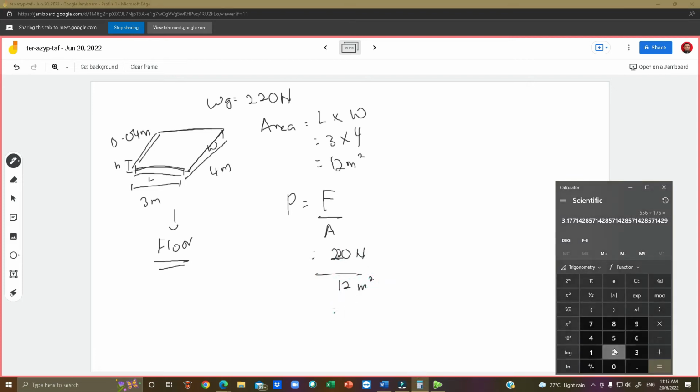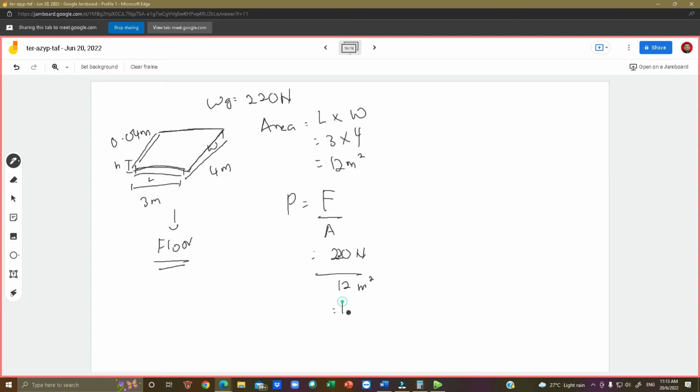So the answer will be 18.33 Newton per meter square, ataupun we can have it in term of Pascal. Pa ni. Pa is tekanan ataupun nama penuh dia Pascal. Ni untuk kita kira tekanan.